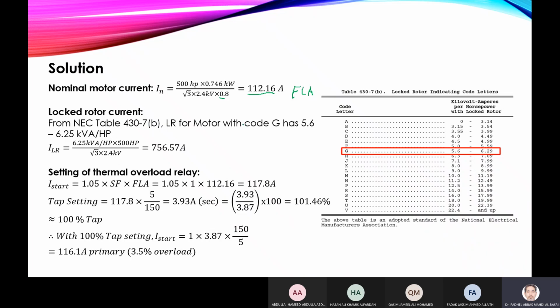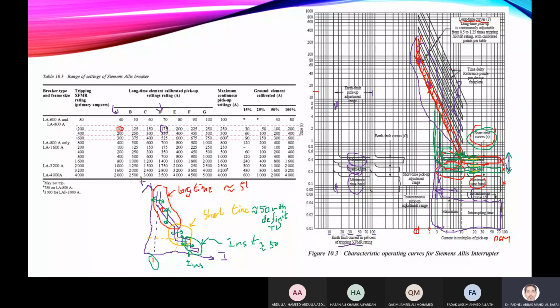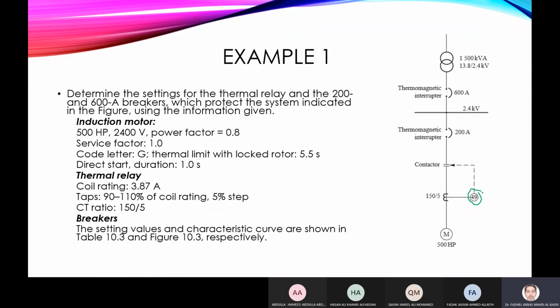Now, another important piece of information I need is the locked rotor current. They gave me the locked rotor time, but they didn't give me the locked rotor current. From the standard, if you go to class G motors, they give you the starting current corresponding to class G motors.